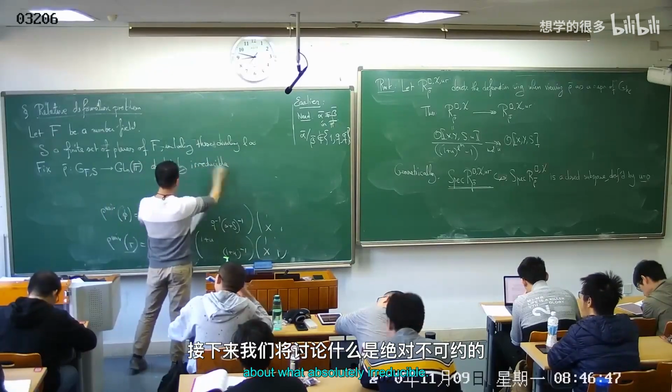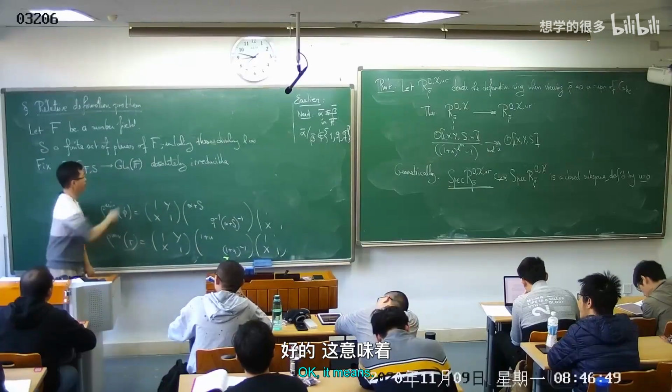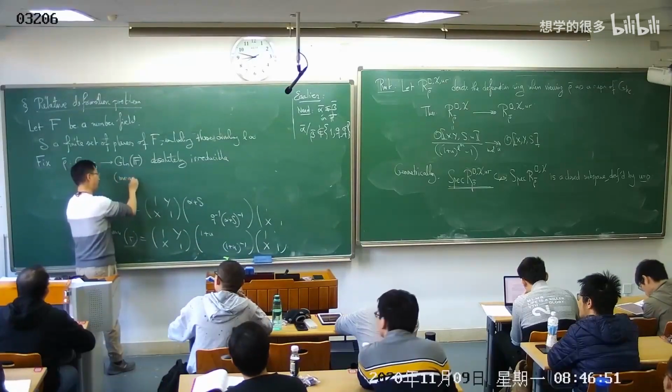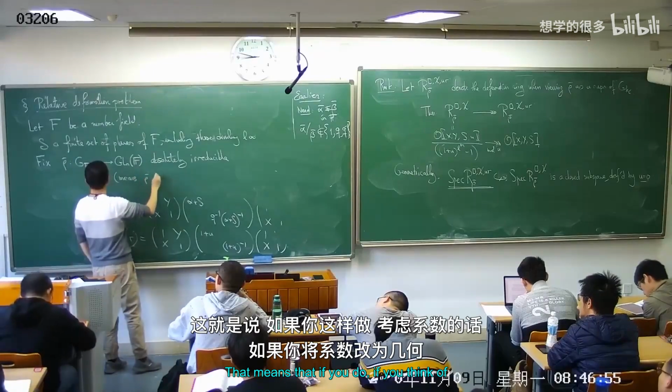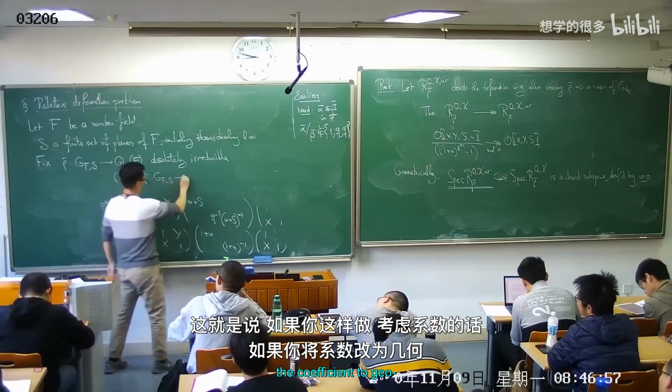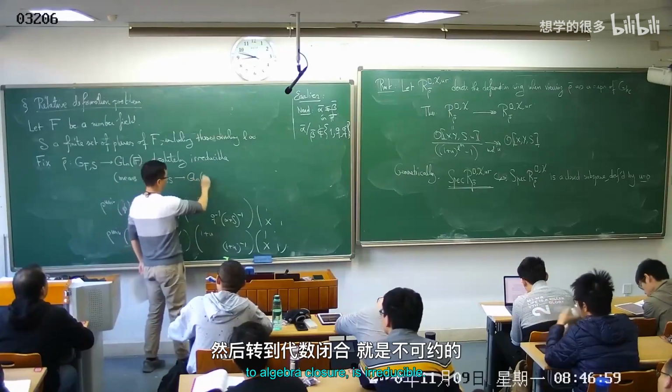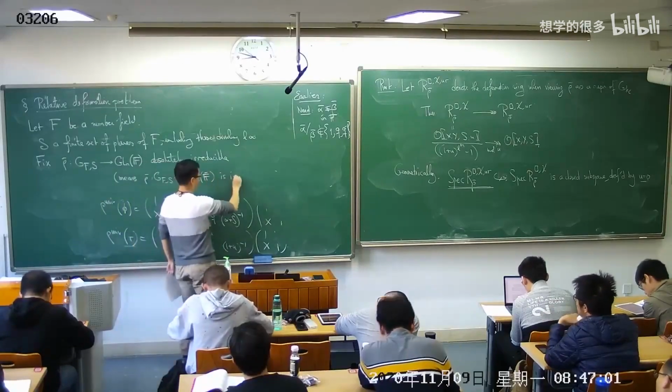Did I talk about what absolutely irreducible means? Okay, it means that if you change the coefficient field to its algebraic closure, it's irreducible.